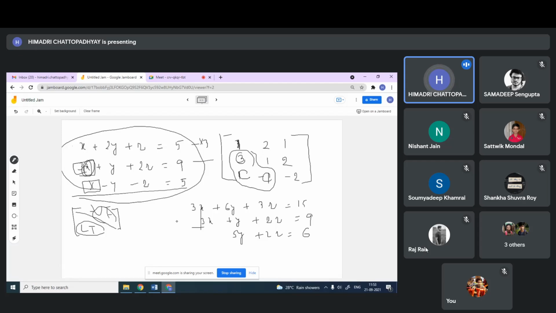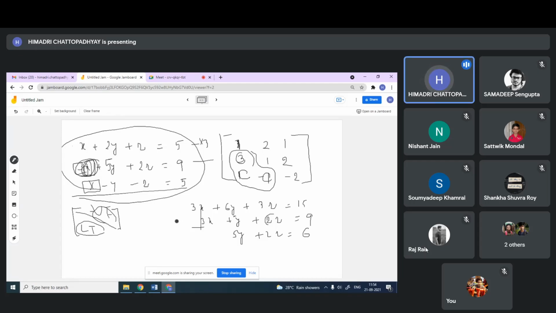So the new matrix is, you have already eliminated this. This becomes 5y plus... 2z plus 5z, I think? Oh, achha, we are subtracting. So 3z minus... this is 6z, sorry. What we are doing, 3x plus 6y plus 3z is equal to 15, and this was 3x plus... no, this was originally y.